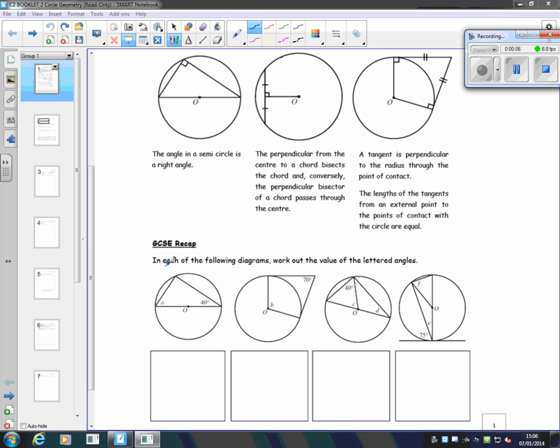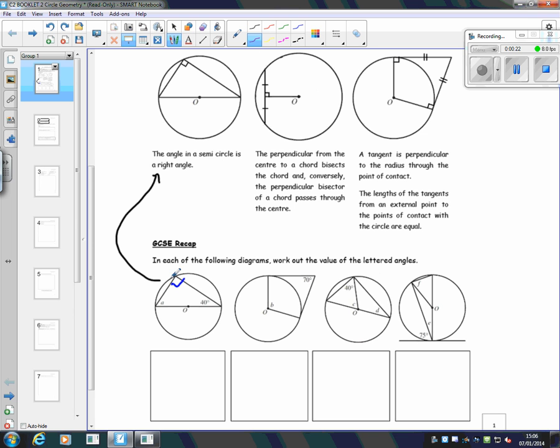So in this first example, we're using the information here, which states that the angle in a semicircle is a right angle. So that means that this angle here is 90 degrees.